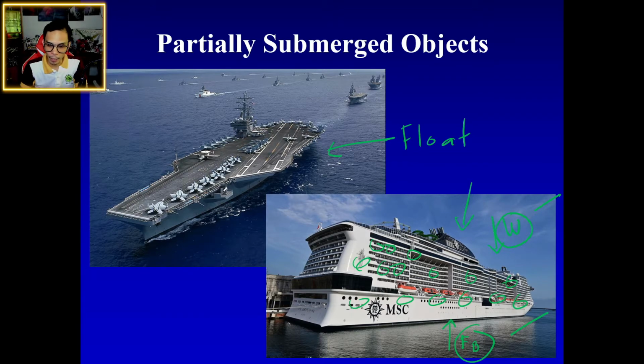When the air pockets disappear, the ship will likely sink because the weight of the ship is greater than the buoyant force that the water offers to the ship. So instead of floating, the ship will likely sink. That's how these massive objects float above water.